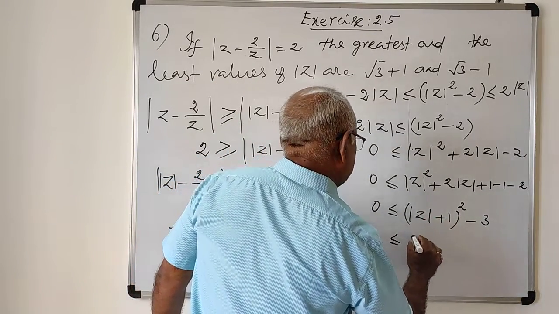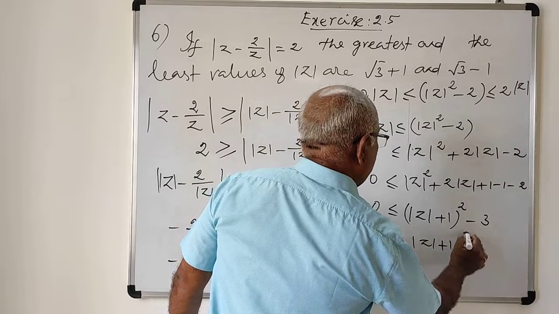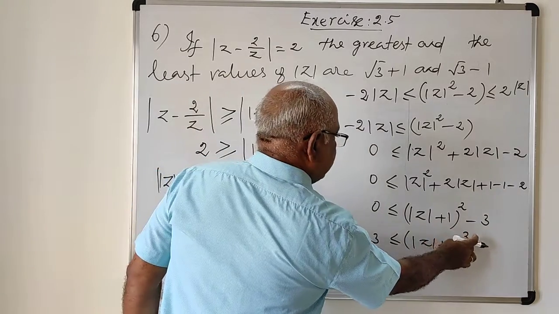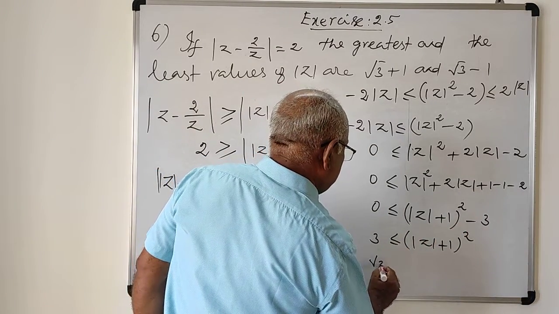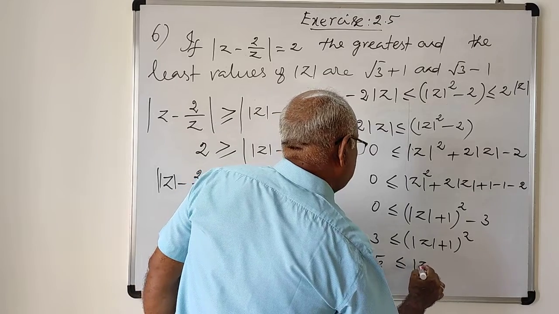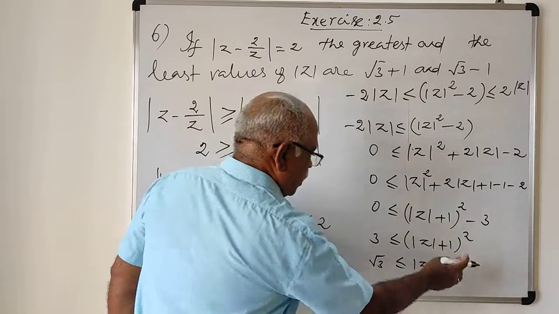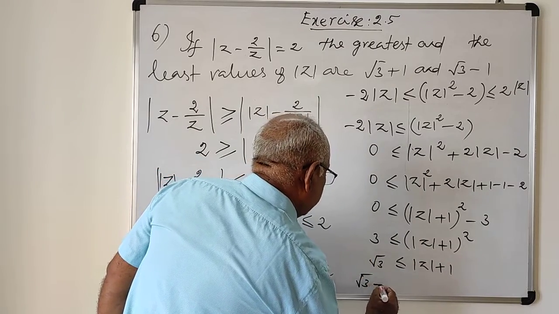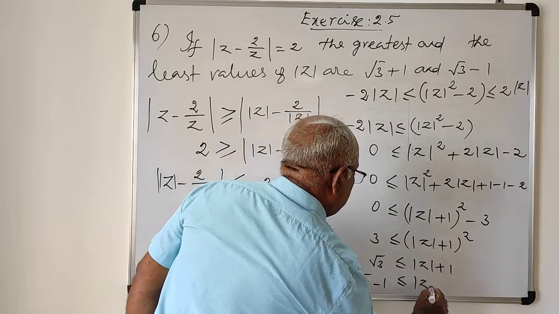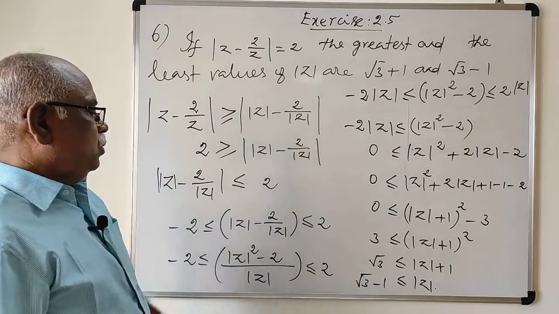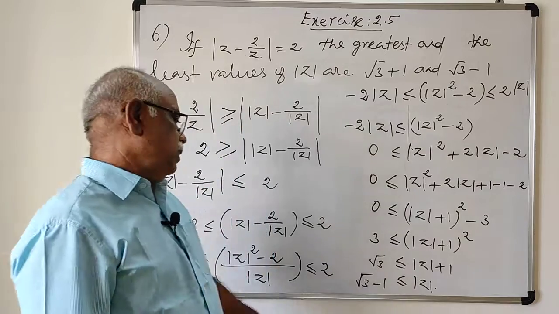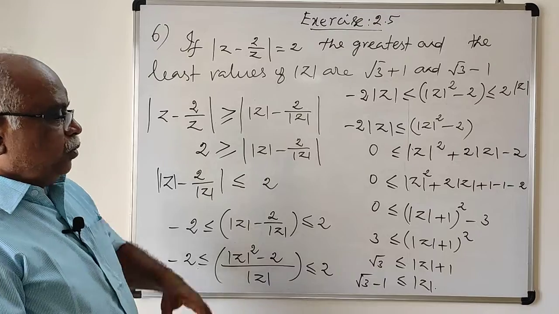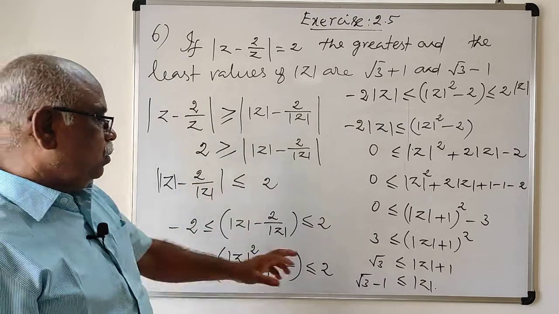It is less than or equal to mod z plus 1 whole square. Taking square root on both sides, you get root 3 is less than or equal to mod z plus 1. And you bring that 1 also to the left hand side, it becomes root 3 minus 1 is less than or equal to mod z. That means mod z is greater than or equal to root 3 minus 1, root 3 minus 1 and above.